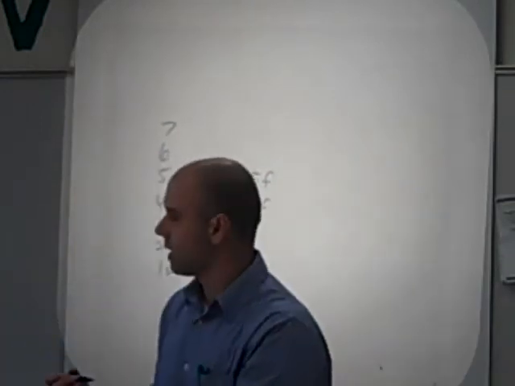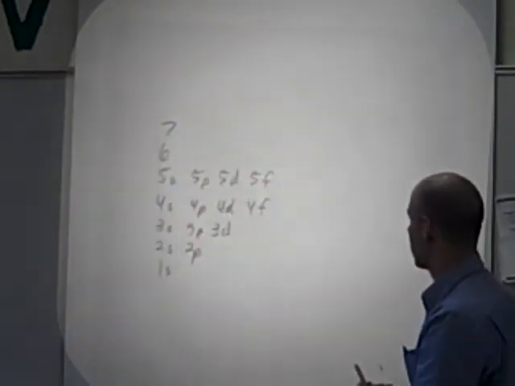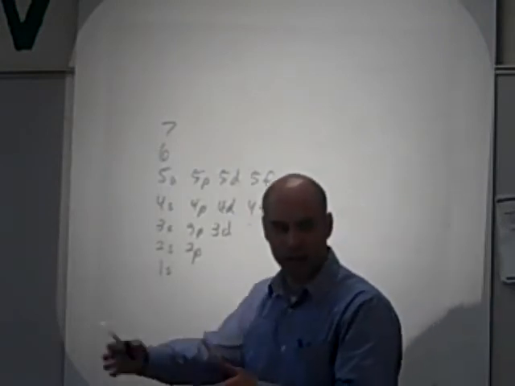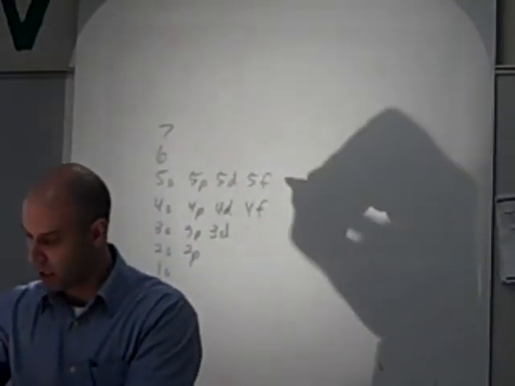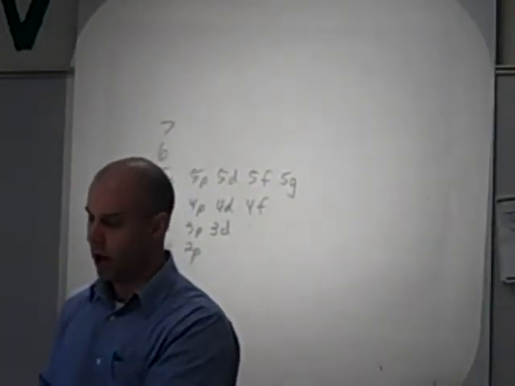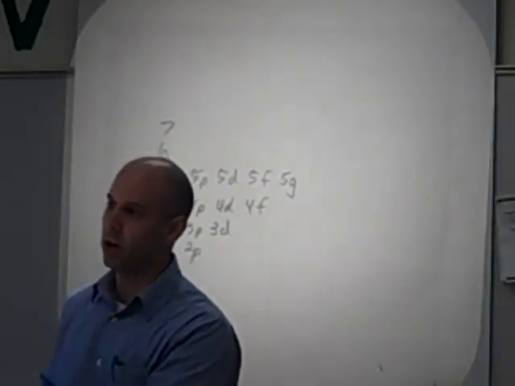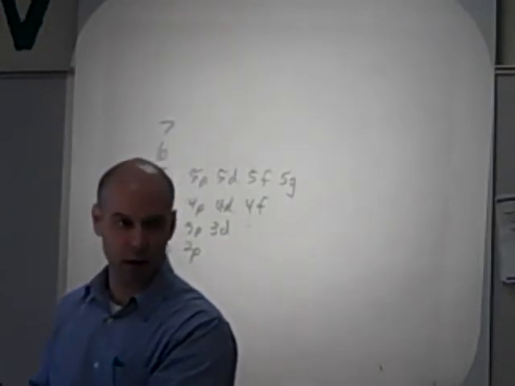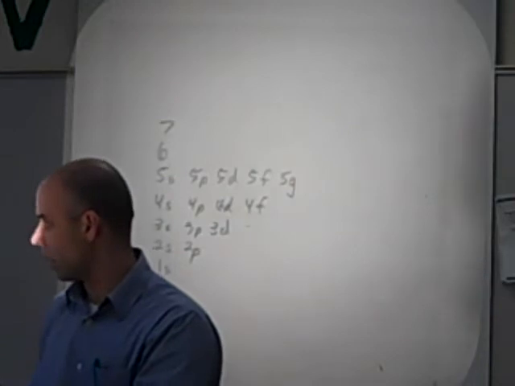And the periodic table only has S, P, D, and F. But in mathematical theory, it continues out. The next one would be, alphabetical, 5G. If you want to see what a G orbital looks like, go to the orbital table on the internet, and you can see what they look like.